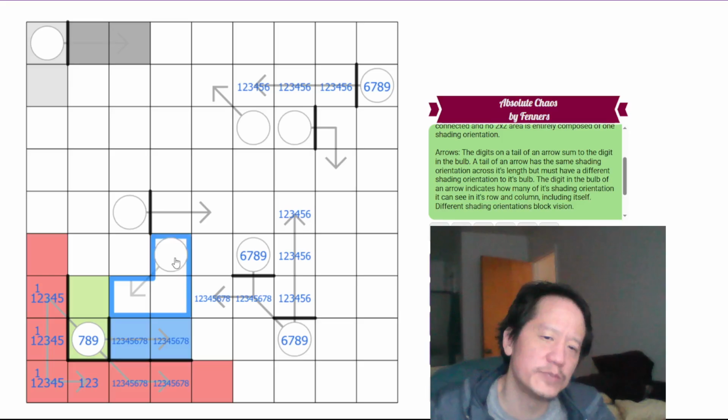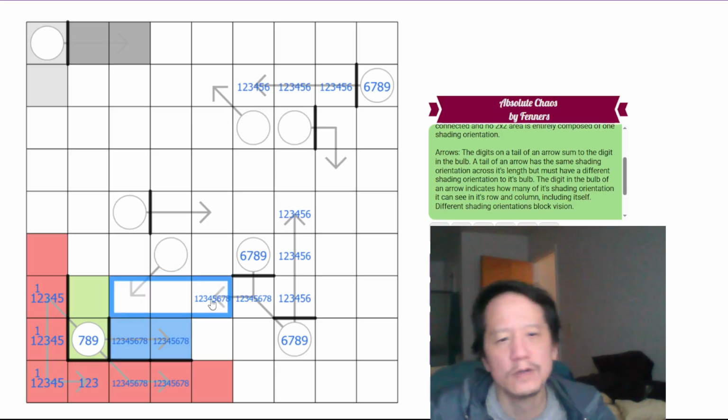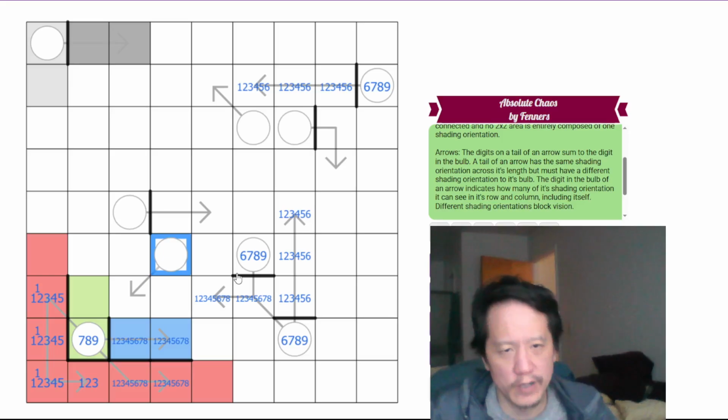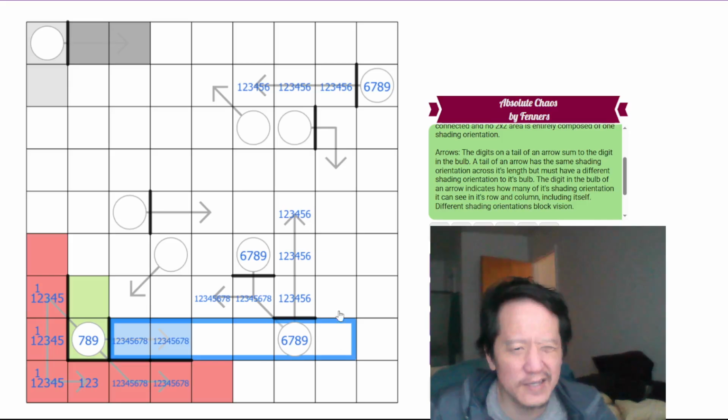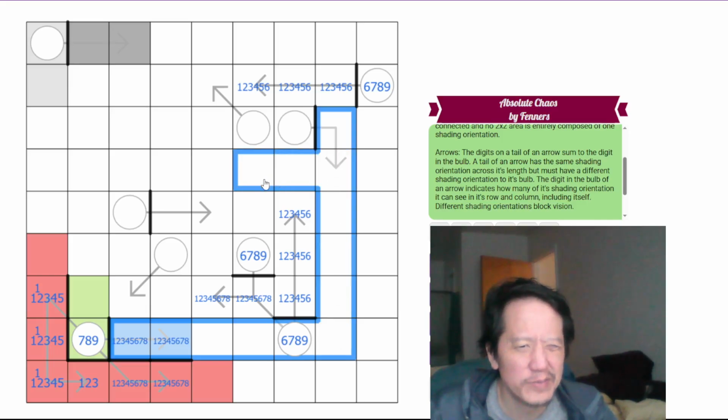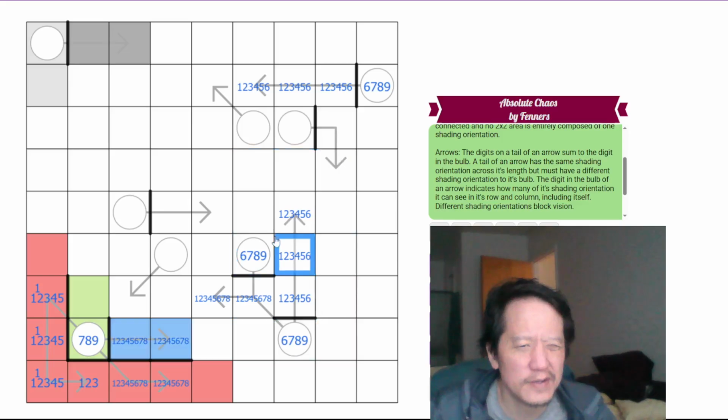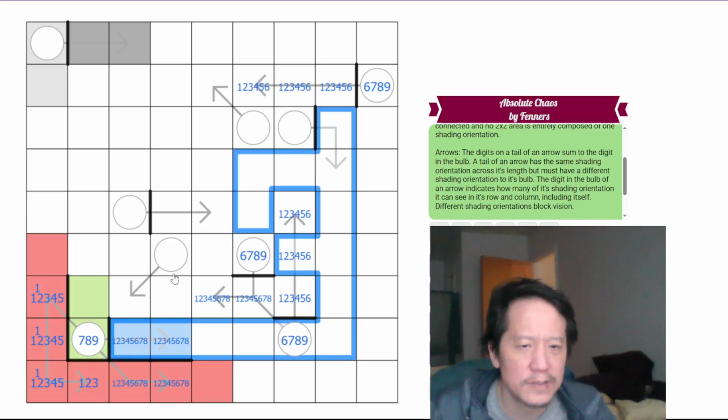I think this has to be green and blue here. Say this was red. I guess you could technically have something like here be 27 without a 2x2 area. Seems really difficult, right?